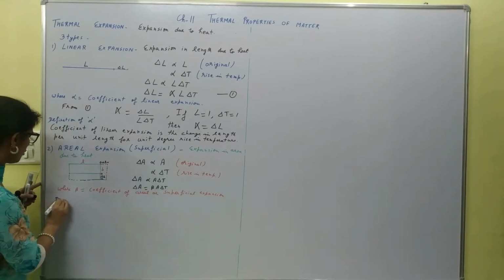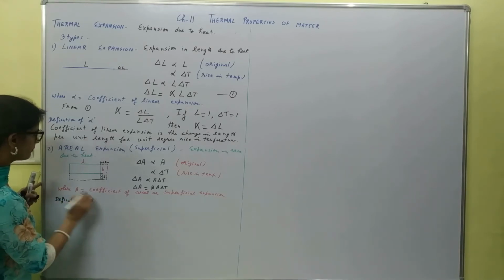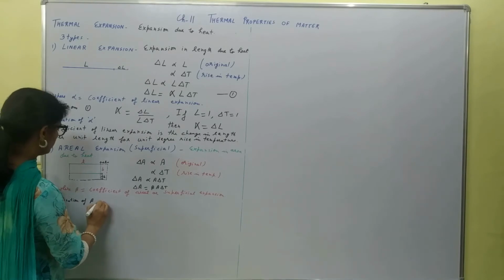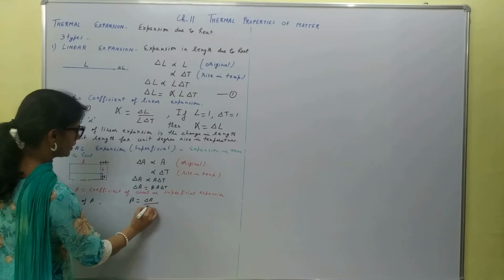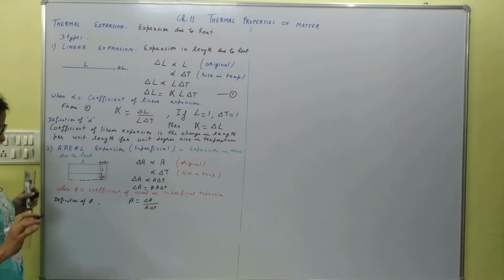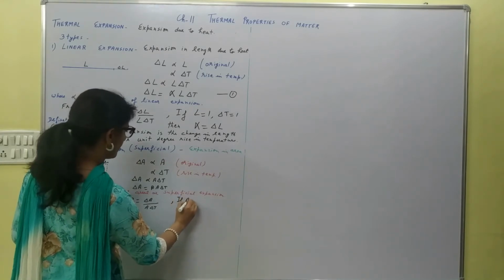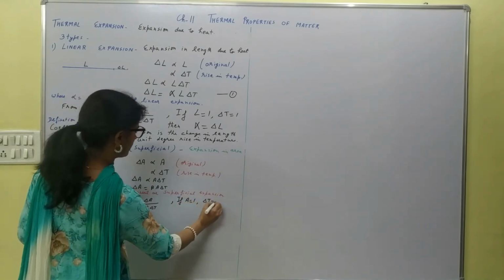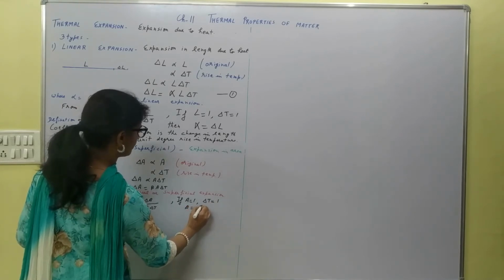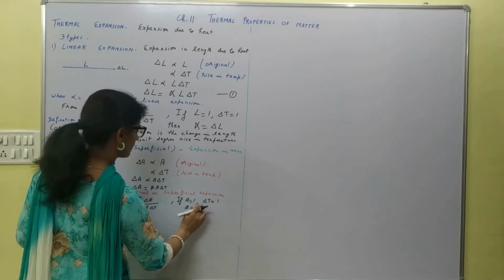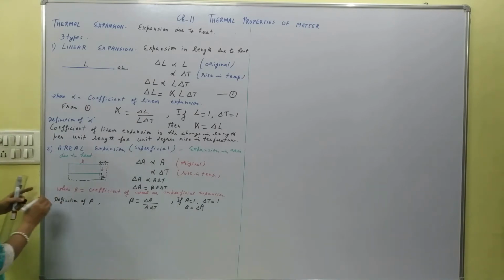So the definition of beta: beta can be written as delta A upon A into delta T, right? In the same manner, if A is equal to 1, delta T is equal to 1, then beta is equal to delta A, right?